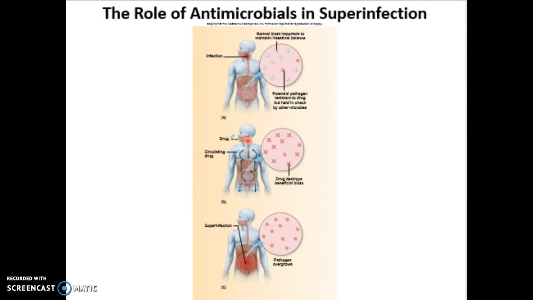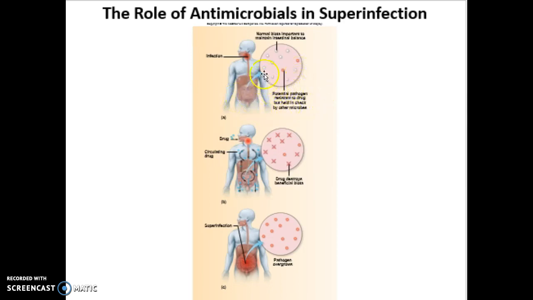Alright, so here is an example of how a superinfection occurs. So again, in the previous section, we were looking at antibiotic-resistant organisms. What this picture depicts is not necessarily drug-resistant organisms, but those pathogens that are just naturally resistant to a specific antibiotic. And so here you're looking at bacteria from the intestinal tract.